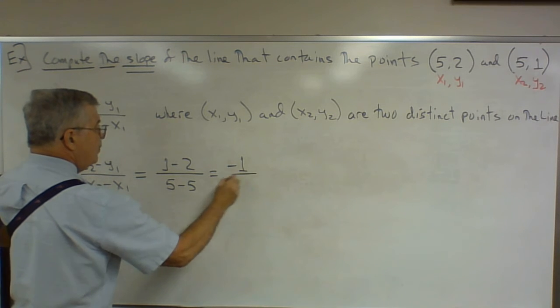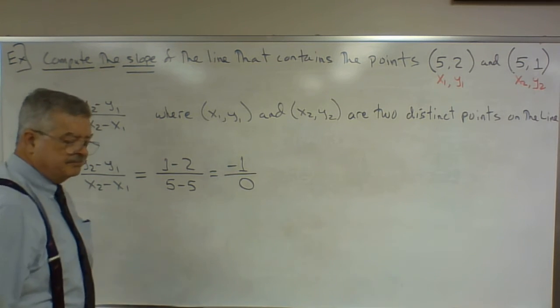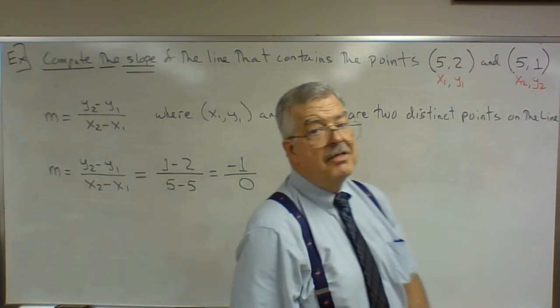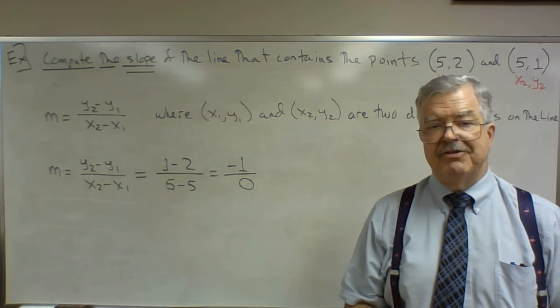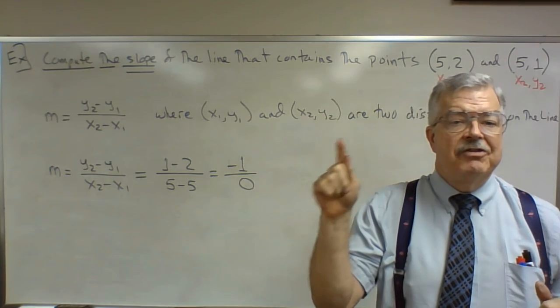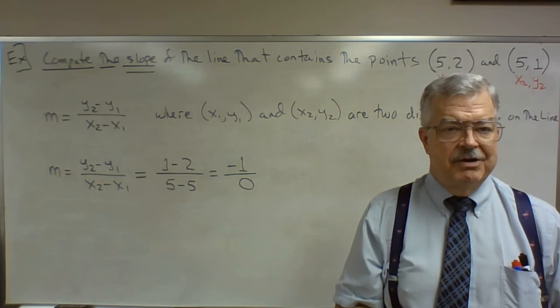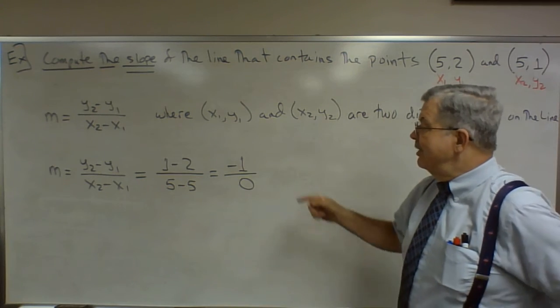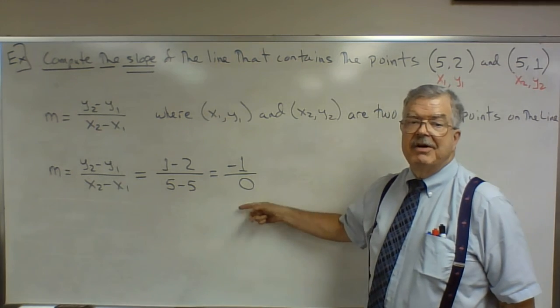We get negative 1 over 0. Now there's a big difference between the last example and this example. The last example, we had 0 divided by a non-zero number. Here we have a non-zero number divided by 0.